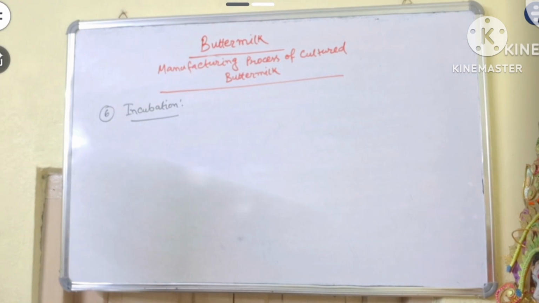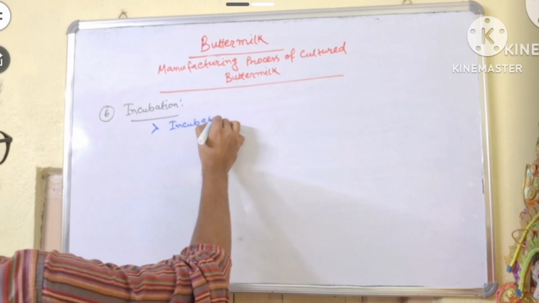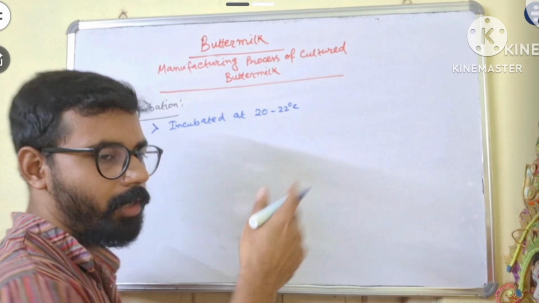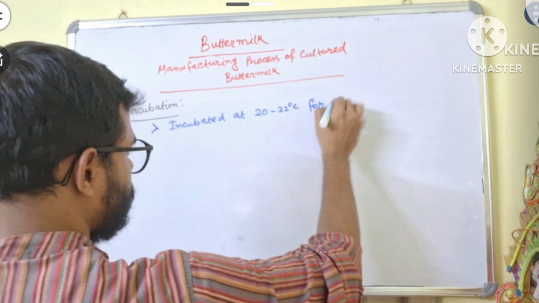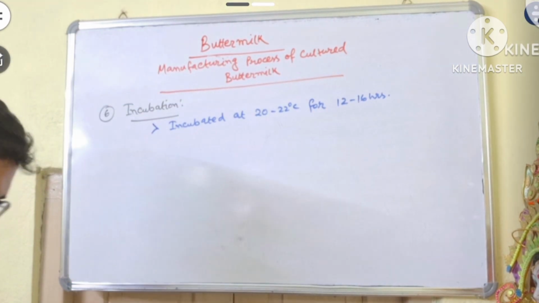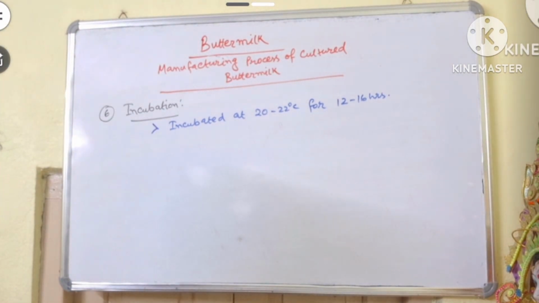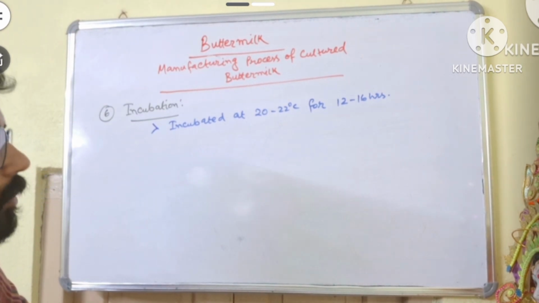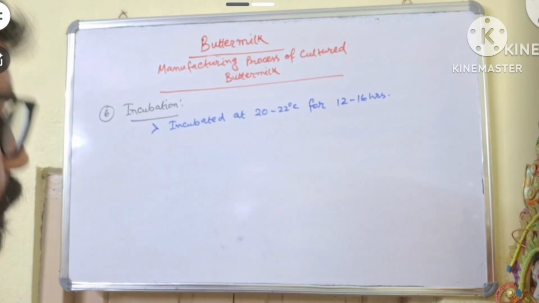Now the mix is incubated at 20 to 22 degrees centigrade temperature because it is optimal for the mesophilic bacteria to grow, for at least 12 to 16 hours to complete the fermentation process. At least 12 to 16 hours. Step number 6 is done.